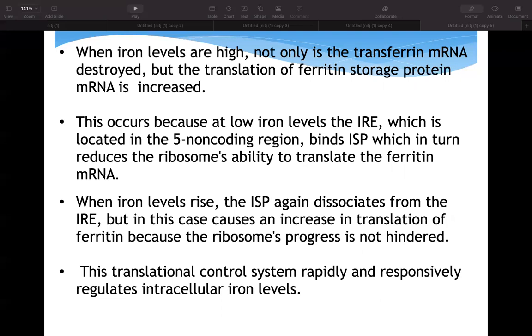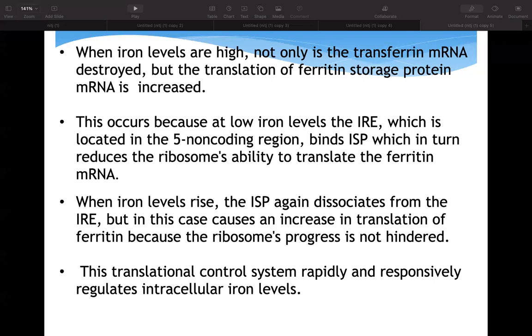This occurs only because at low iron levels, the iron response element, which is located in the 5' non-coding region, will bind to the iron sensing protein, which in turn reduces the ribosome's ability to translate ferritin mRNA.